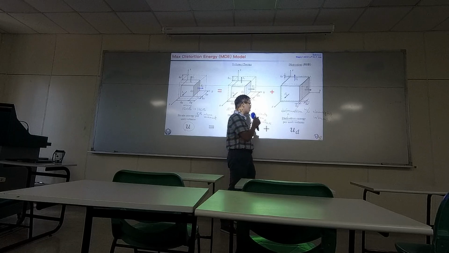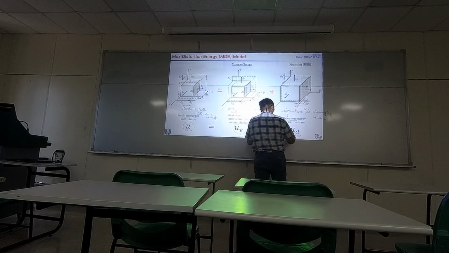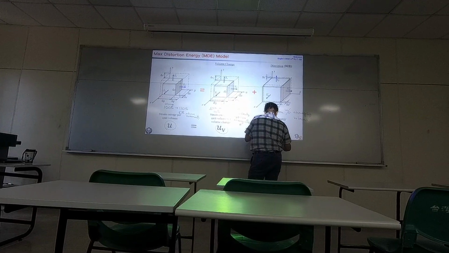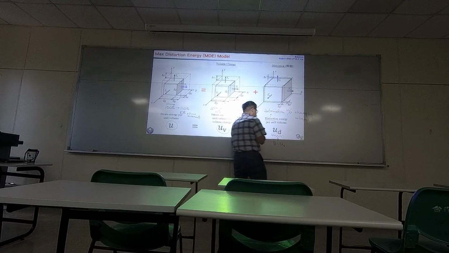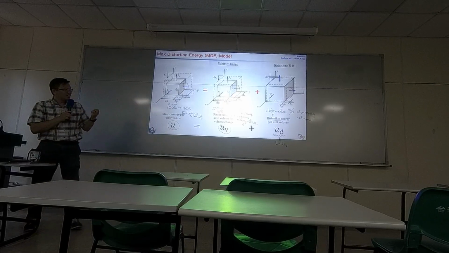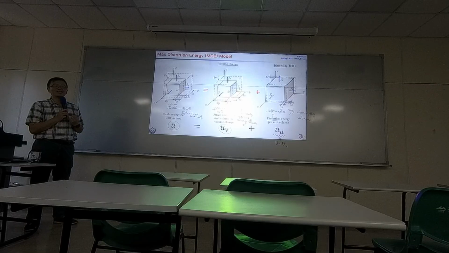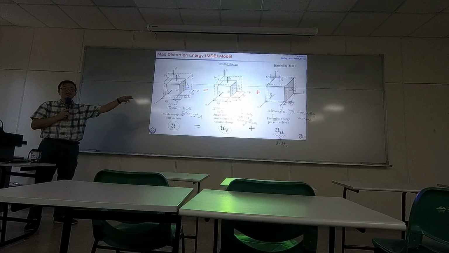So there's a trick. We're going to compute distortion energy by U minus UV. So we want to study the pure deformation without volume change part, and let's take a look at what that amount equals.